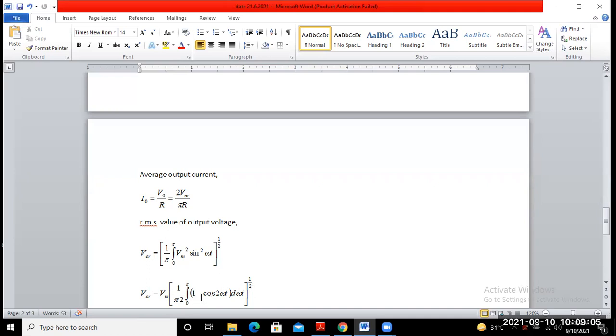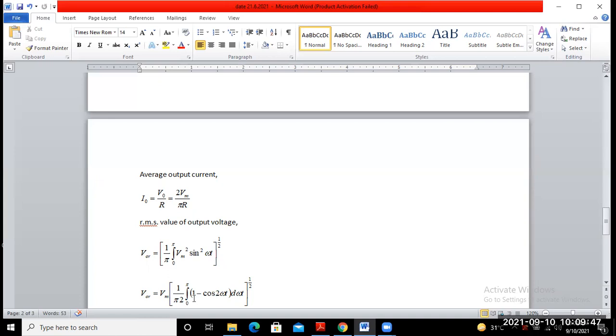Now integrate this and put in the lower and upper limits. Integrating d omega t gives omega t, and with limits pi minus 0, the first term becomes pi. The second term is minus the integration from 0 to pi of cos 2 omega t, which becomes sine 2 omega t divided by 2.